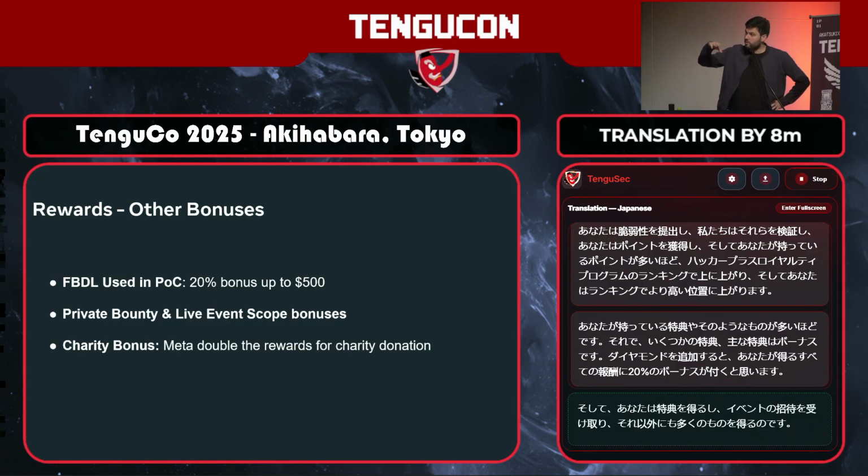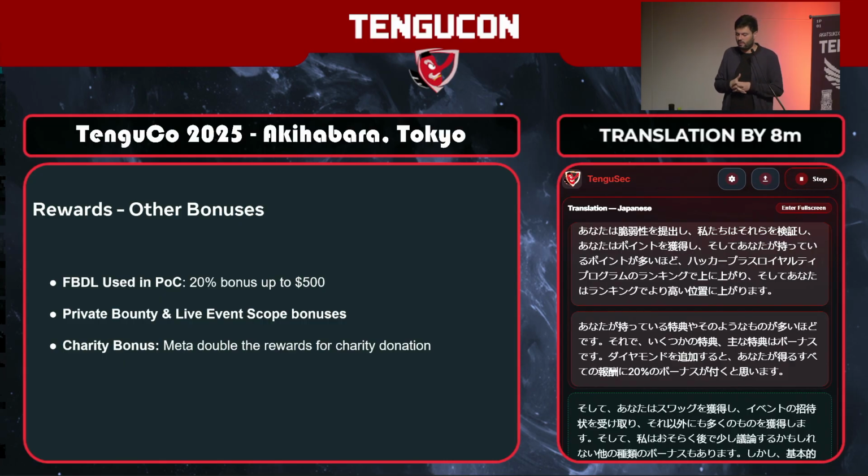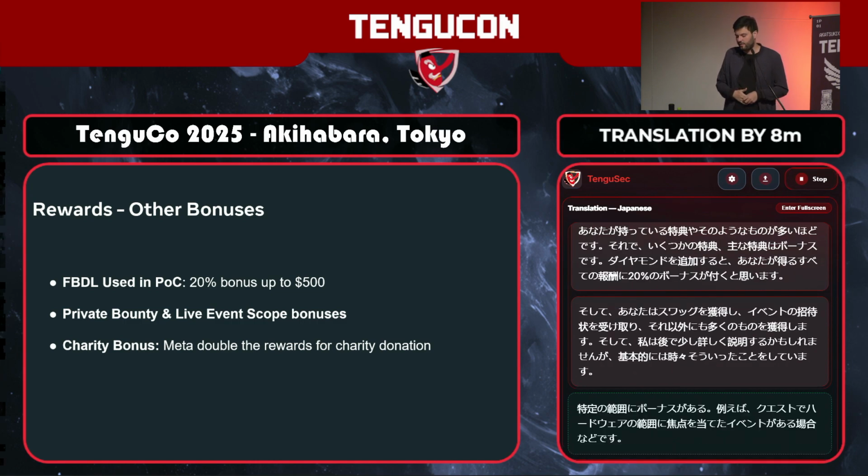And then we have other types of bonus that I will maybe discuss a bit later. But basically, sometimes we do a bonus for a specific scope. So if we have an event focused on hardware scope, on a Quest, for example, we would award a 10% bonus for this type of issues. We have some bonus on how you made your proof of concept.